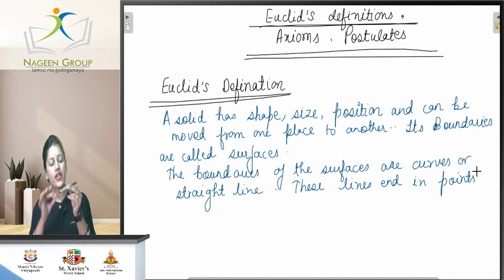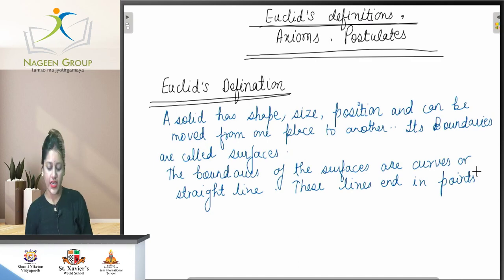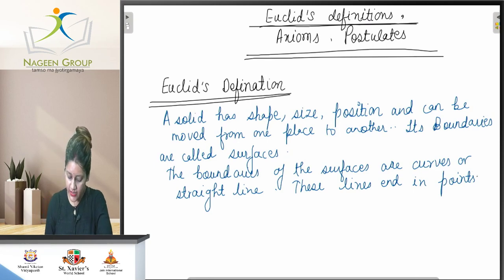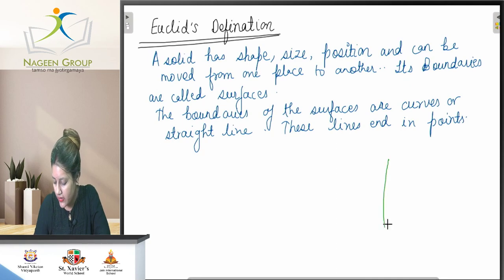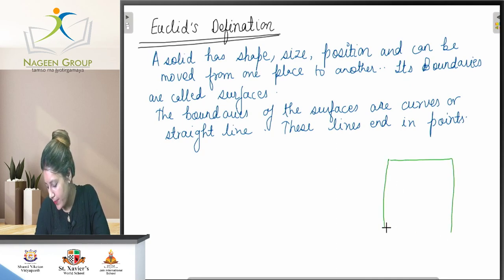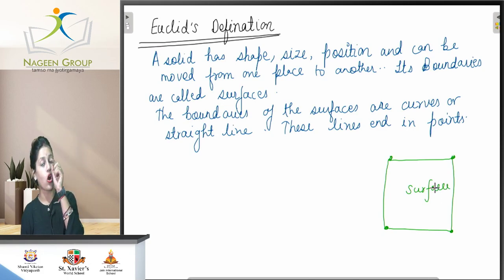In the same way, these lines end in points. If there is a straight line like this, or a shape like this, these are points, and these are surfaces. Understand? And it is a solid.